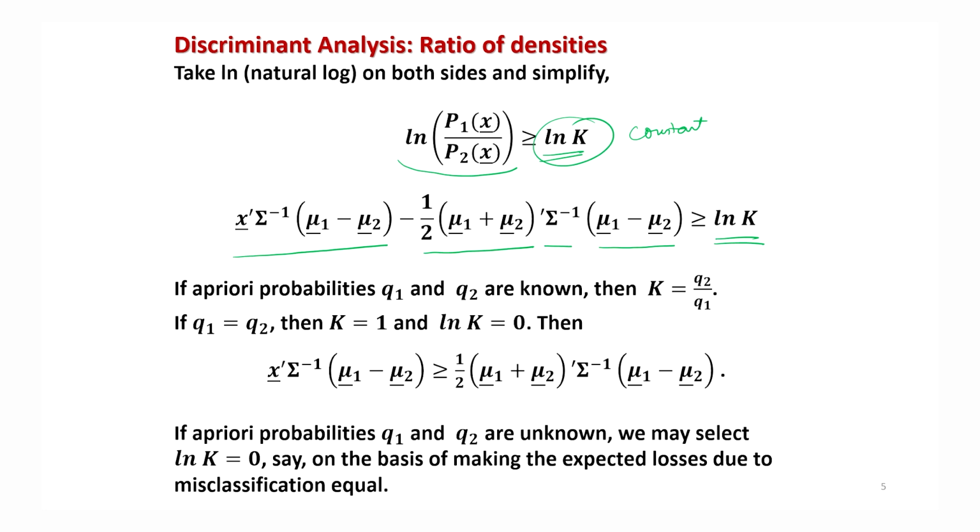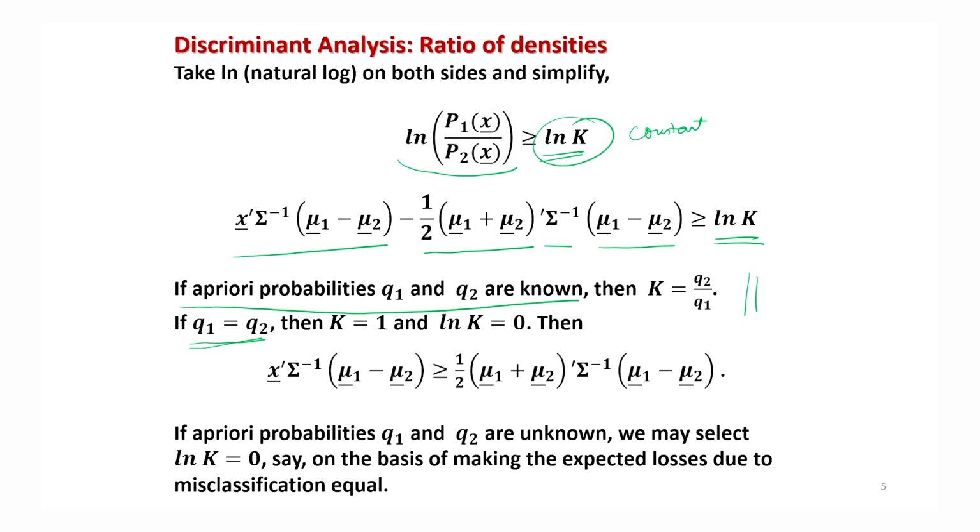If I say that these a priori probabilities q1 and q2 are known, then k is q2 upon q1. Suppose q1 and q2 are equal, that is, there is 50% probability that the observation is coming from population 1 and 50% probability that it is coming from population 2.